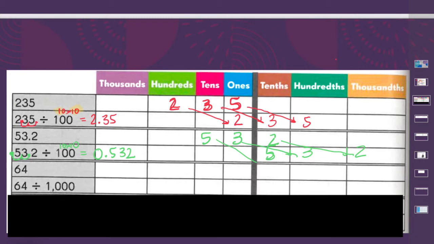If we had 64 divided by 1,000, well, let's start by building 64 in our place value chart. We have 6 tens, 4 ones, and we know that when we divide each place value by 1,000, we're going to be moving 3 place values to the right in our place value chart, because 10 times 10 times 10 gives us 1,000.